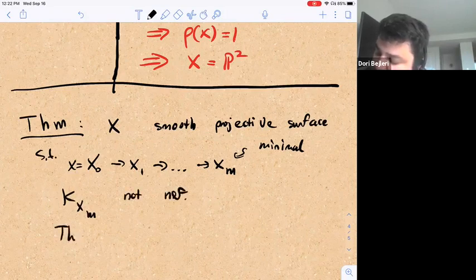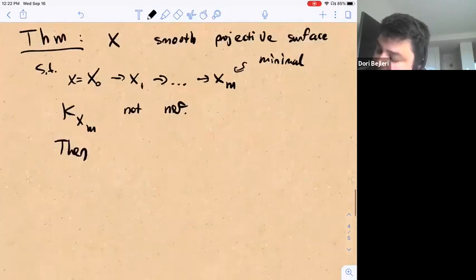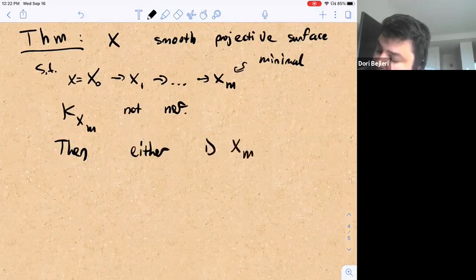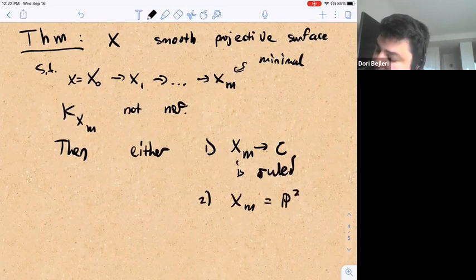Then either X_M is a ruled surface, or X_M is P2. So in particular, our original X was a rational surface.